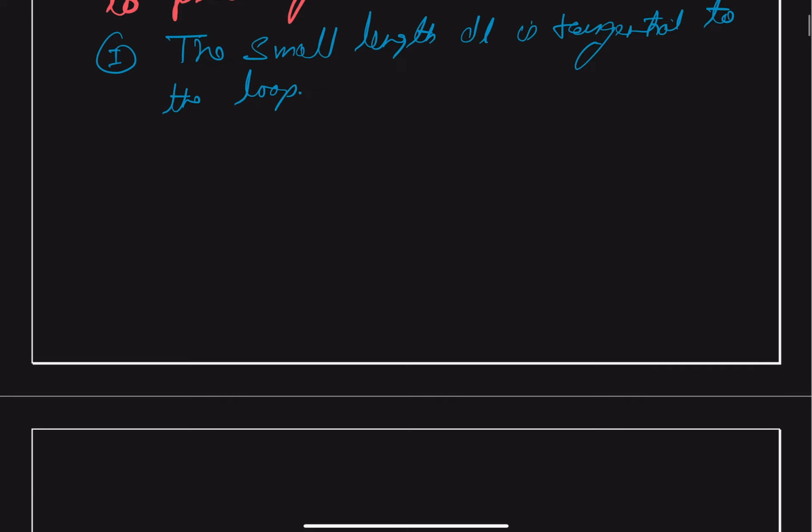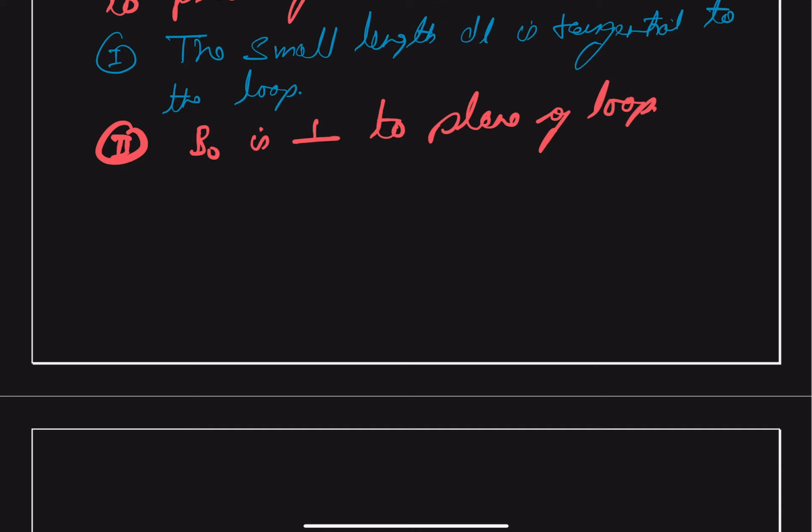And second is that the magnetic field B0 is perpendicular to the plane of the loop.